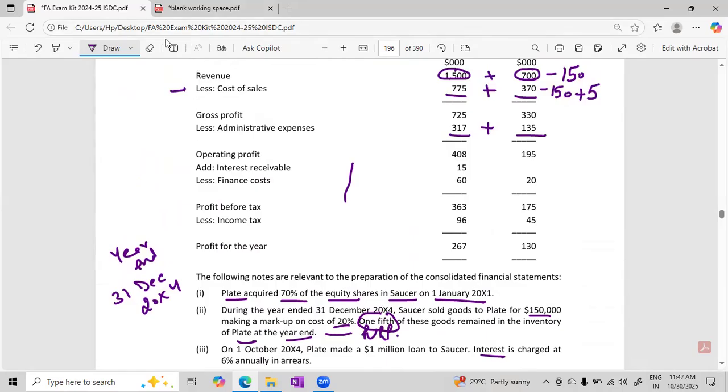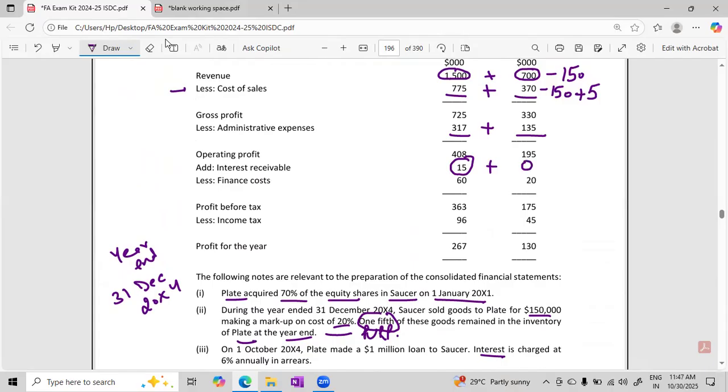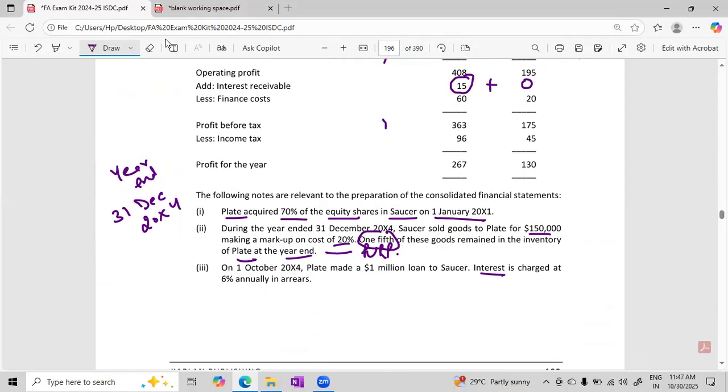Now let's move forward to interest receivable. First of all, I'm going to add both these figures. Plate company has to receive interest of 15, and saucer company will receive interest of 0. Nothing is given over here. Now we were given an adjustment, so let's see what it is saying.